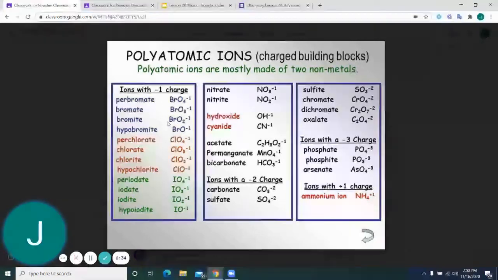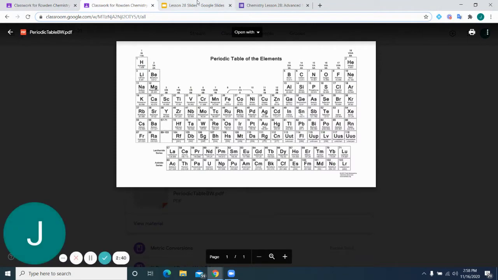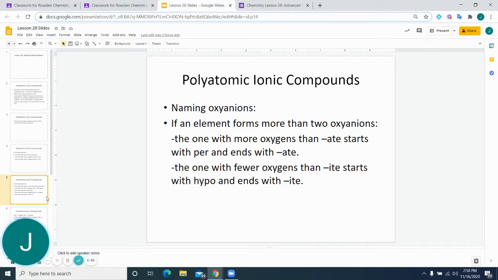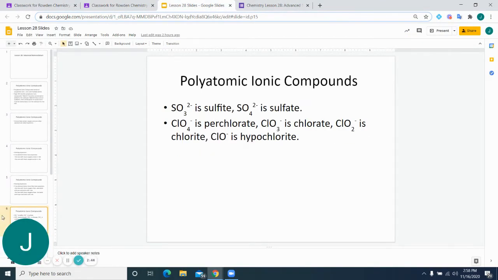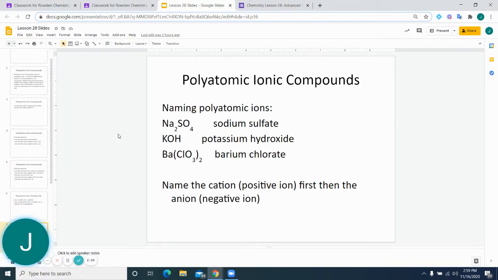Hypobromite has the least amount. So, if you look like right here, if you compare sulfur, sulfite, and sulfate, but then with chlorine, perchlorate, chlorate, chlorite, hypochlorite. Once again, this is not the main thing you need to understand, but this just helps.